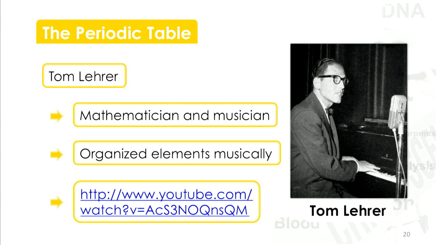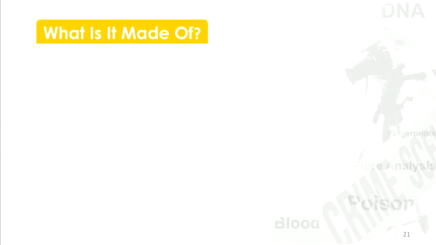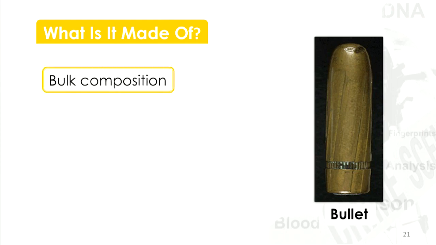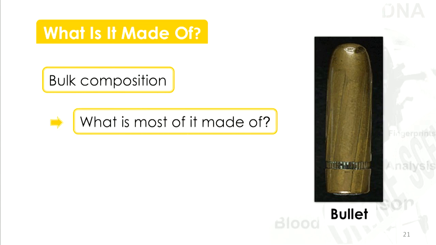Now, let's talk about what things are made of. And let's consider the case of a bullet. Most bullets are made of lead, but no bullet is absolutely 100% pure lead. So the bulk composition is what most of it is, lead.